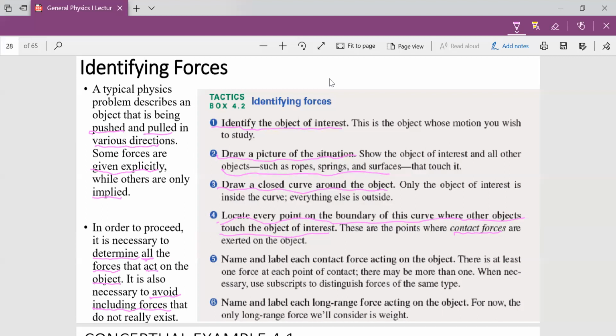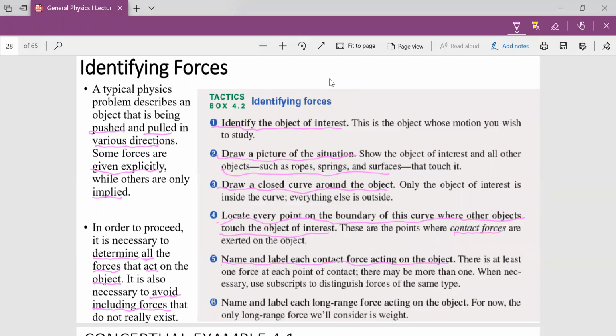So the next will be to name and label each contact force acting on that object. You should be able to name and label the contact forces acting on that object from your understanding of the catalog of forces. You already know.